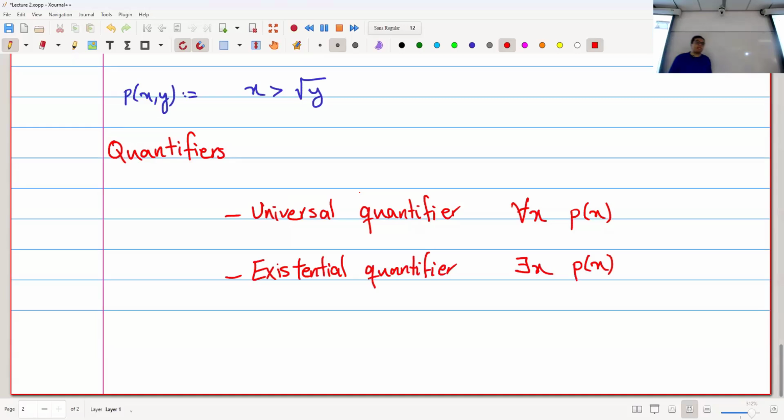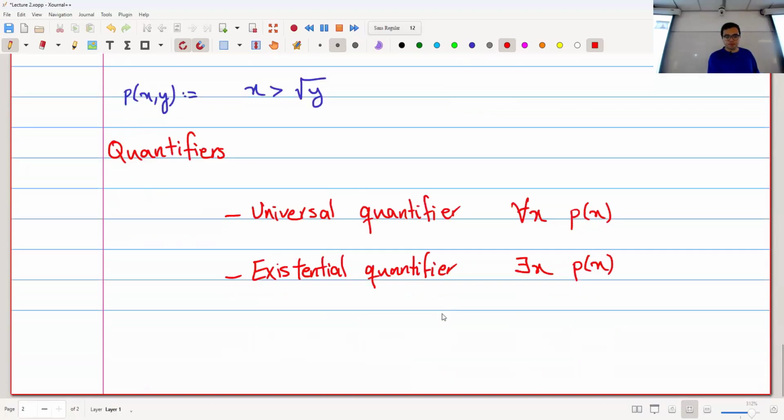It doesn't say that there exists exactly one x. It says that there exists at least one x. And this x should, of course, be in my universe. Whenever I'm using these quantifiers, I'm quantifying over my universe. So that's why it's really important to know, whenever you're doing mathematics, what is your universe? What is the set that you can use to give values to these parameters?